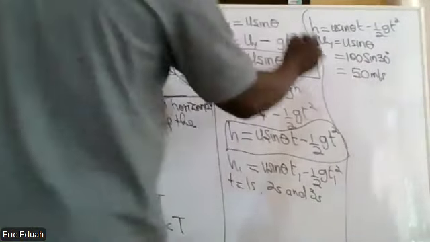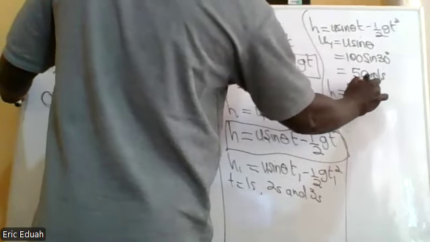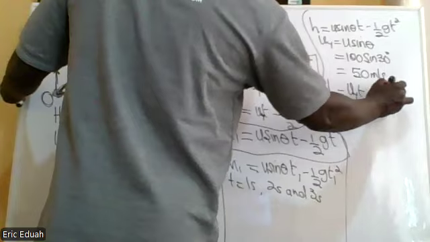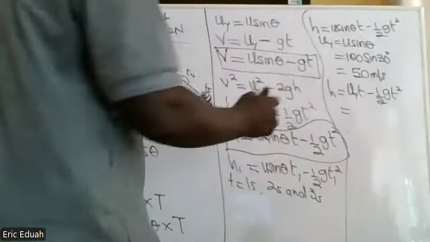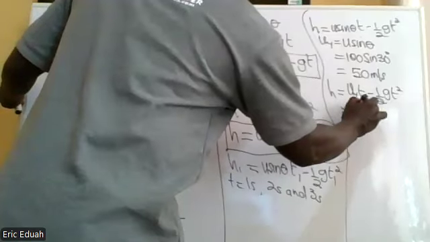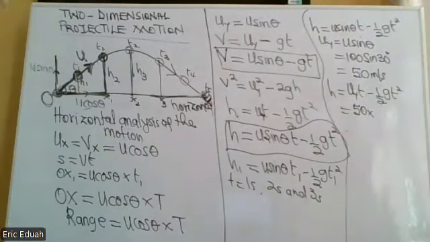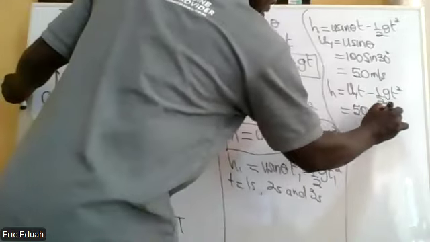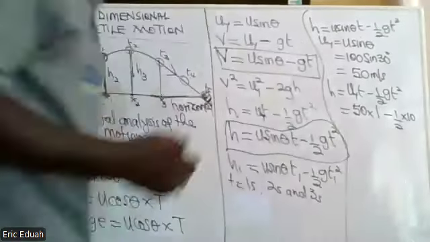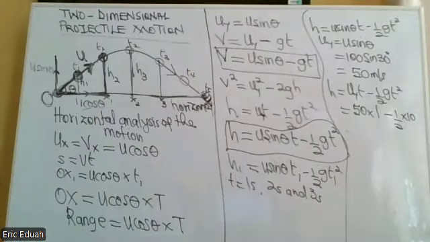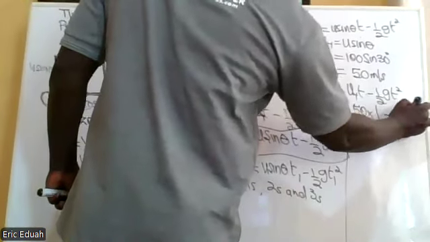So I can still write h as uyt minus half g t squared. My uy is 50. So 50 times t, which is 1 second, minus half times 10 times 1 squared. 1 squared is 1, so this is 5.